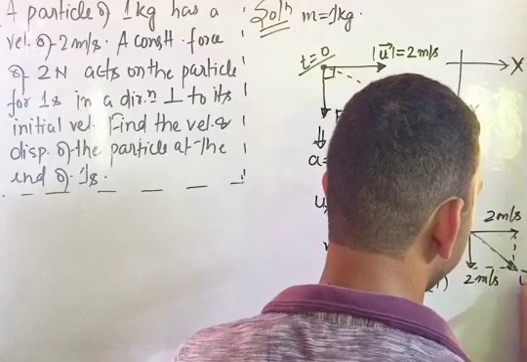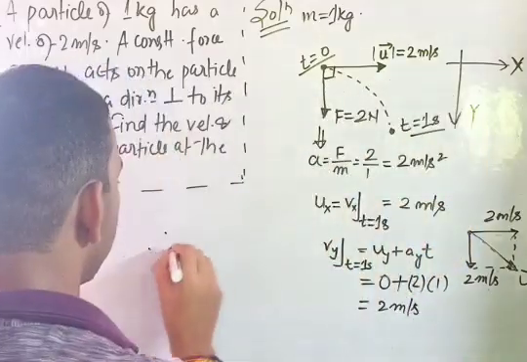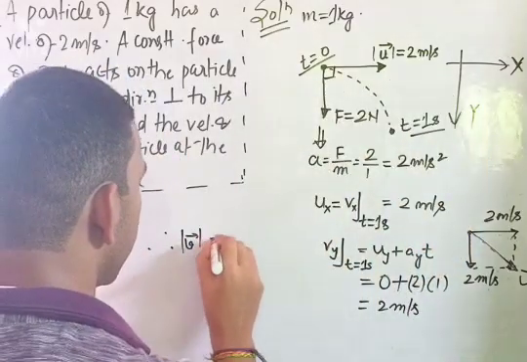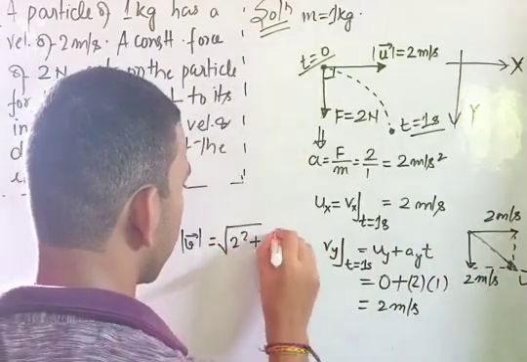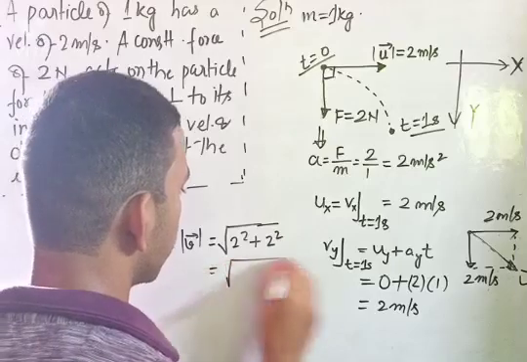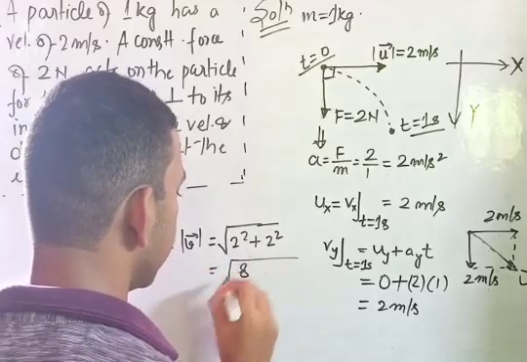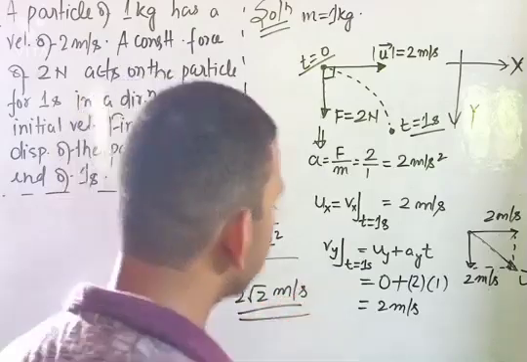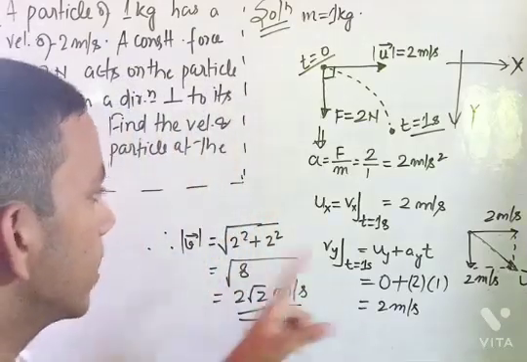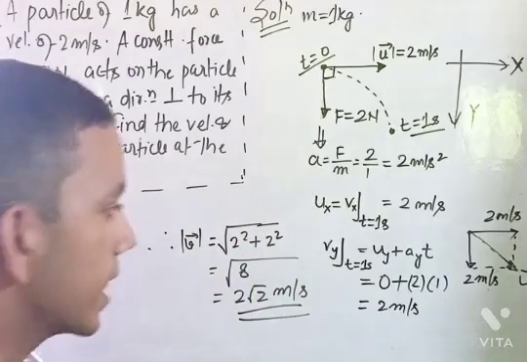This is the v vector. So we can write magnitude of v vector as square root of 2 square plus 2 square. So this is going to be root 8, that is 2 root 2 meter per second. This is the magnitude of the velocity when the particle is at t is equal to 1 second.